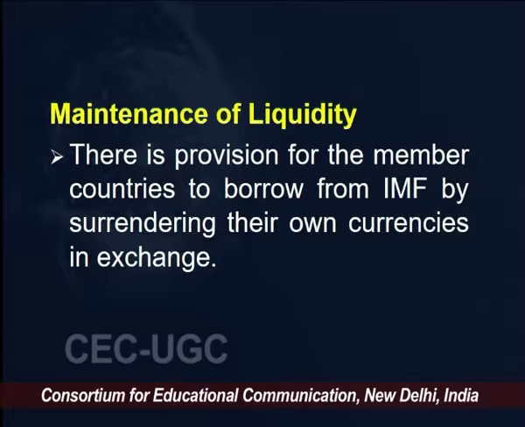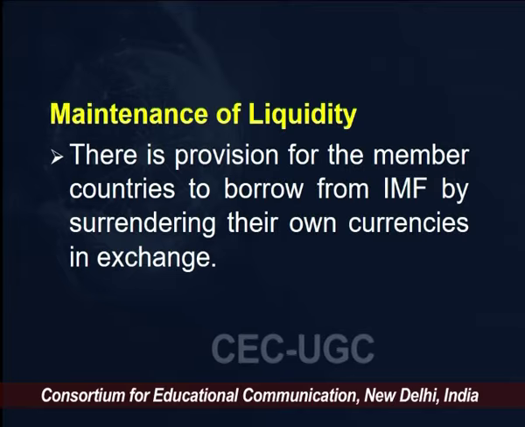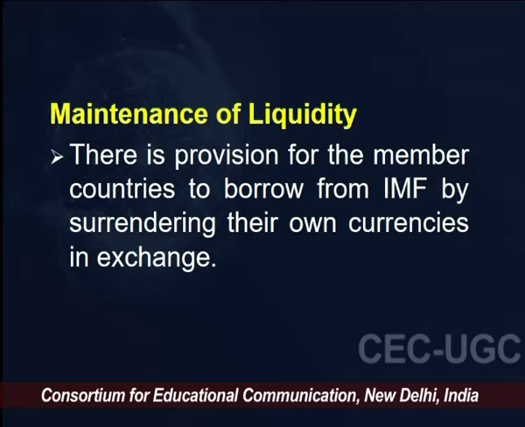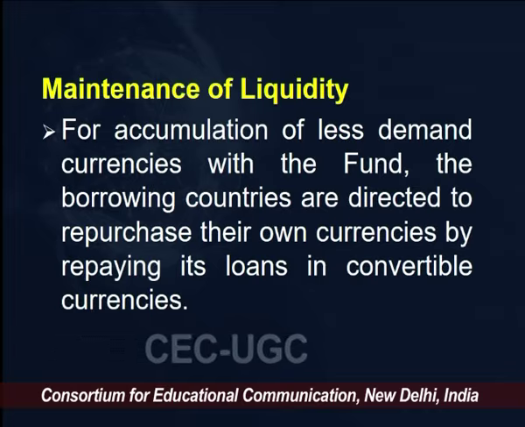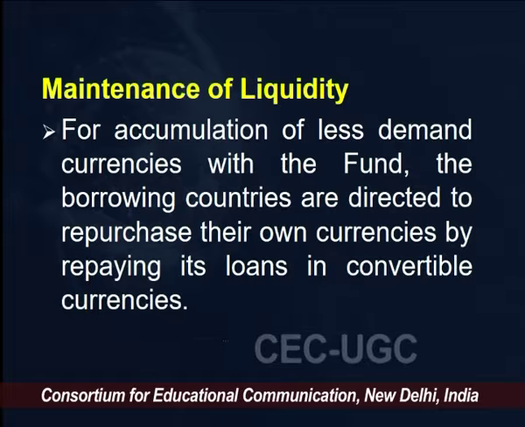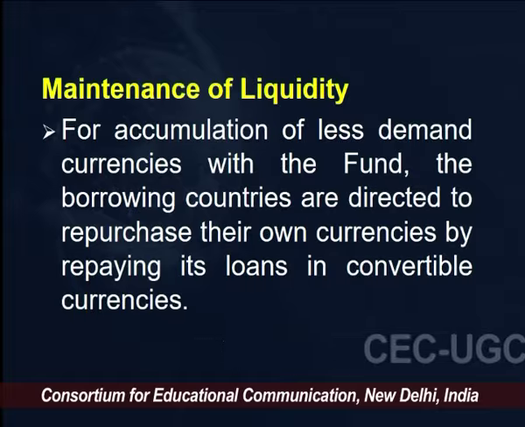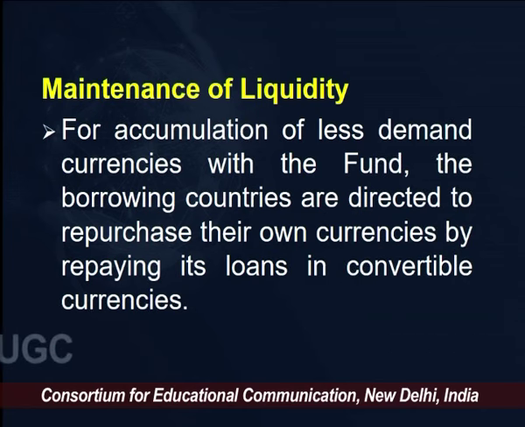There is provision for the member countries to borrow from IMF by surrendering their own currencies in exchange. For accumulation of less demanded currencies with the fund, the borrowing countries are directed to repurchase their own currencies by repaying the loans in convertible currencies.